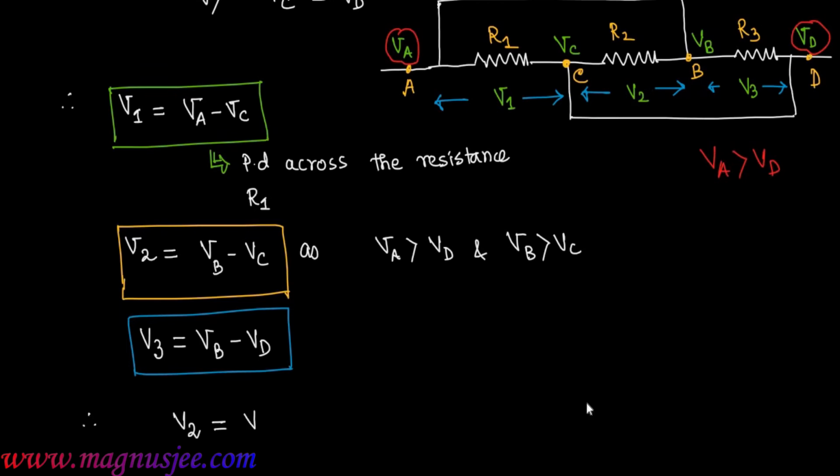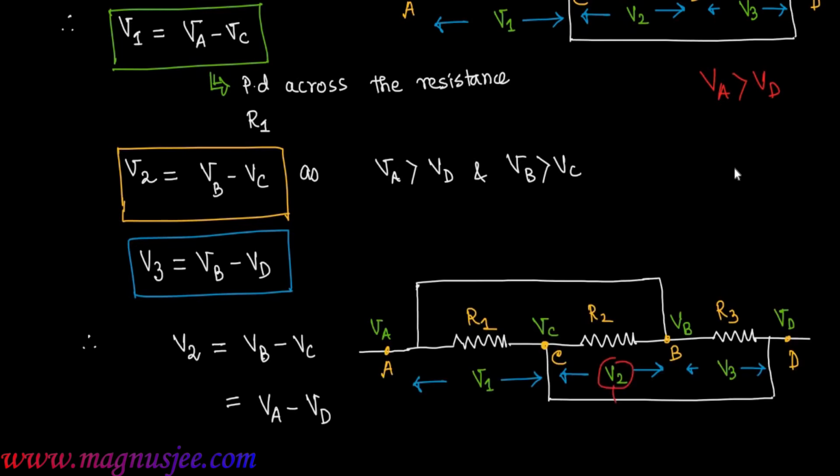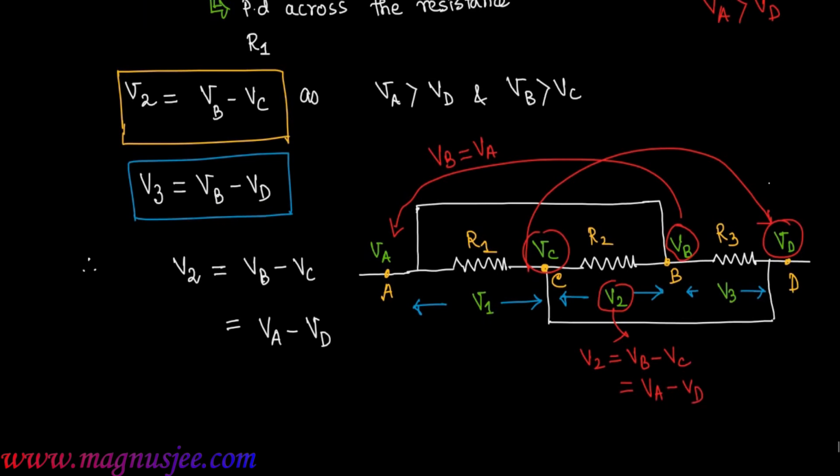Writing the expression of V2 again, V2 is equal to VB minus VC, but the potential VB is equal to potential VA, and VC is equal to VD. So in place of V2, we can write VA minus VD.